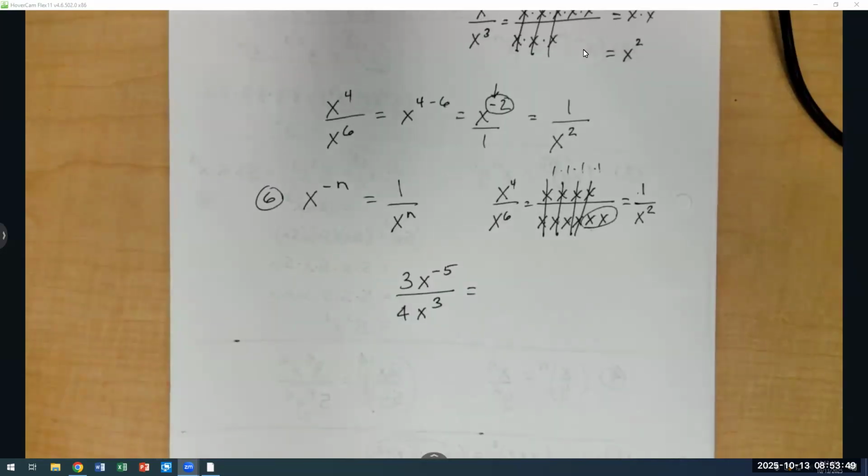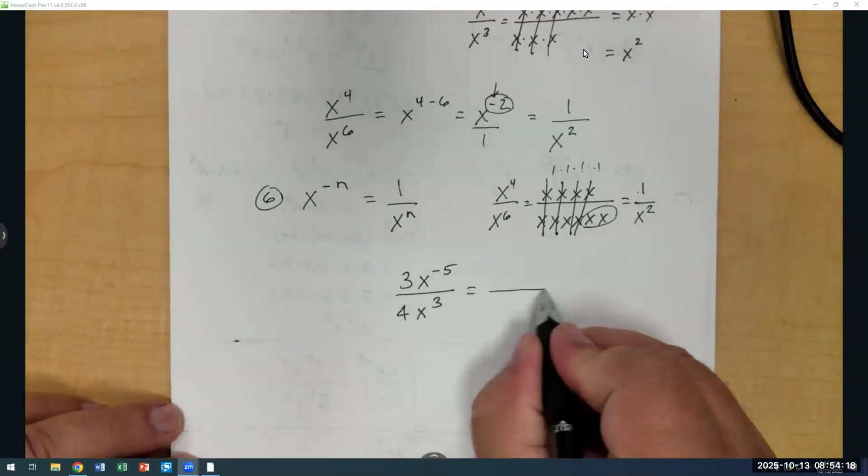How would you do that one? Same logic as the other one, right? You just move the location. So X to the power of -5 gets moved down to the denominator.